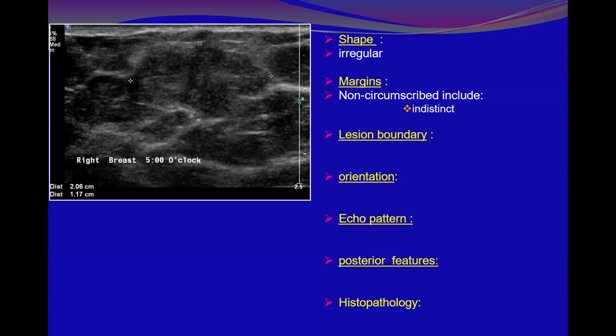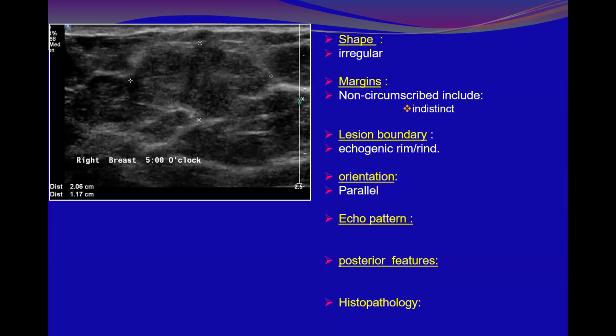Boundary: thick echogenic rim. Yes, not throughout, but it is there. If you can see it here, you can see it here. Okay. Orientation: parallel. Echo pattern: heterogeneous, hypo or isoechoic. Predominantly isoechoic.